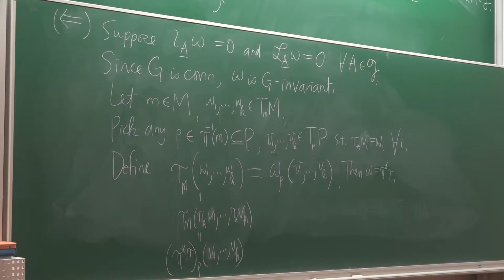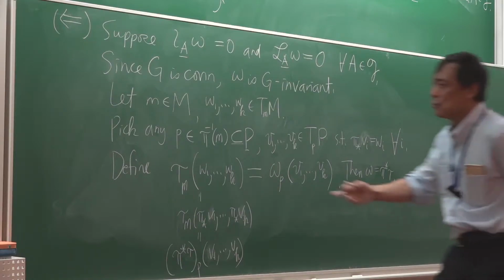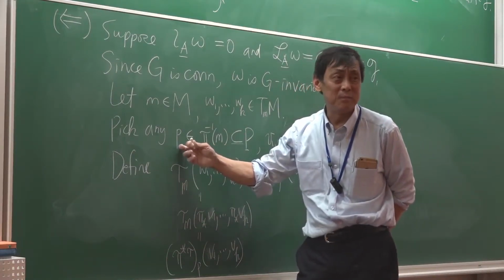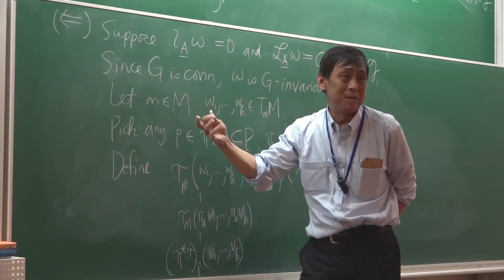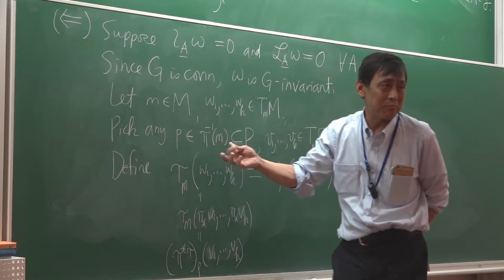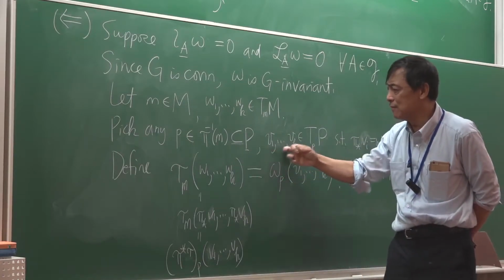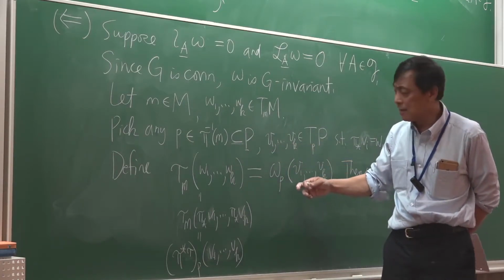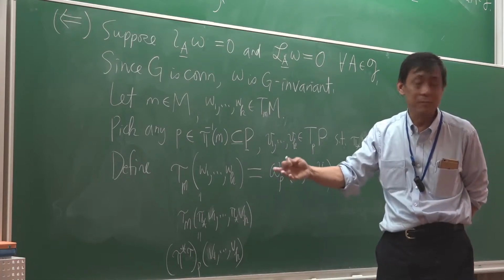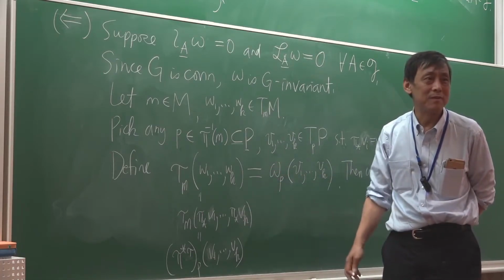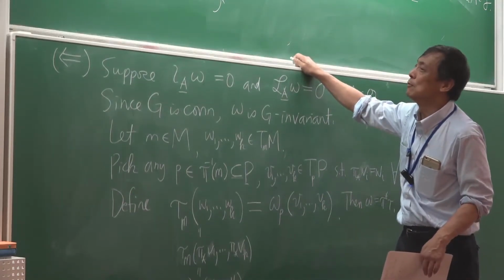Oh, yes, I didn't use the two conditions, but I have found a form downstairs so that omega is the pullback. You have to show that it's well defined, right? What if I pick a different point P? I might get something different. Or what if I pick different V's? I might get a different number, so maybe this is not well defined. We have to show that it's well defined. Then we'll be done.